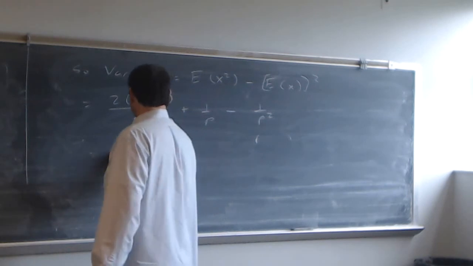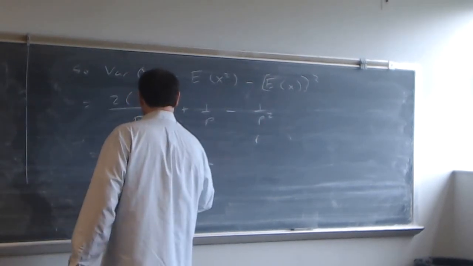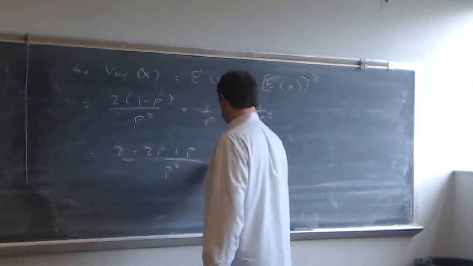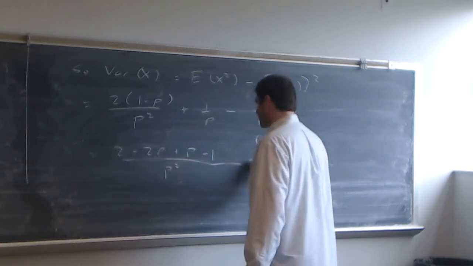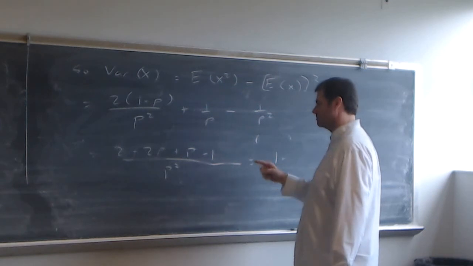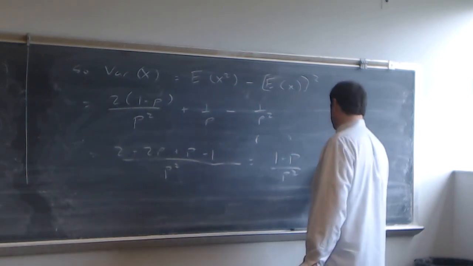This one's compound, this is 2 minus 2p, common denominator p squared. Here it's plus p, here it's minus 1. And so let's see what that is. So 2 minus 1, that's 1, minus p, all over p squared. And that's what we said.